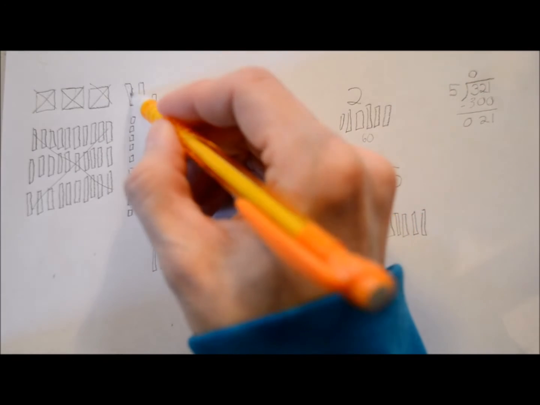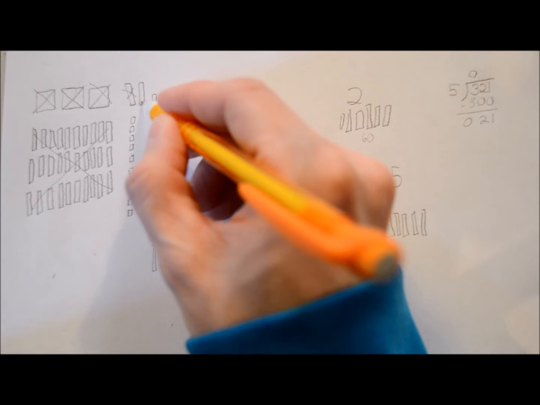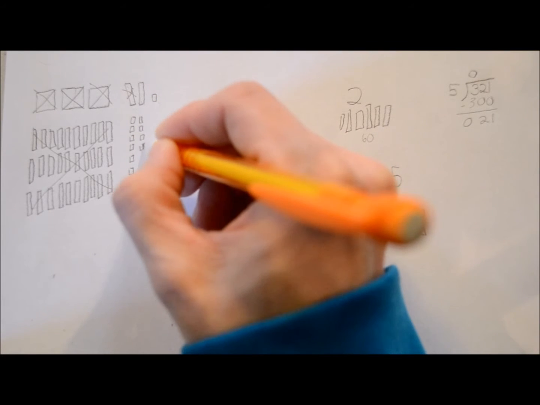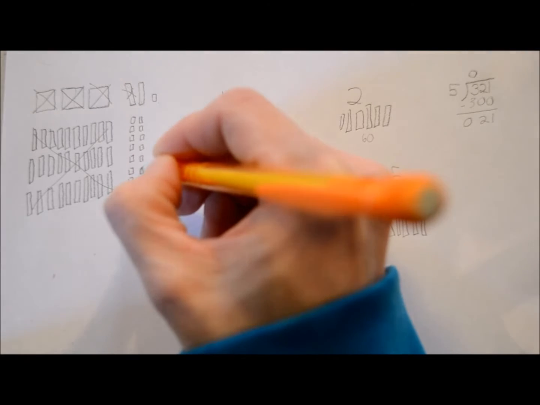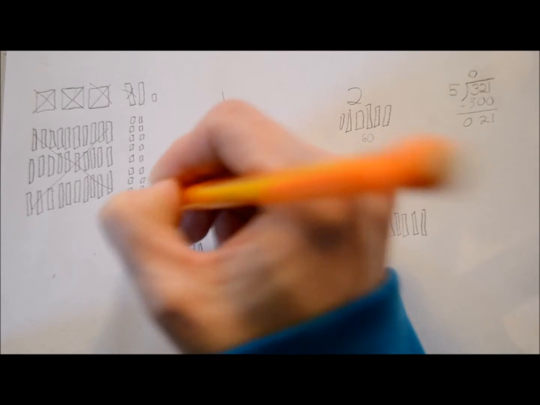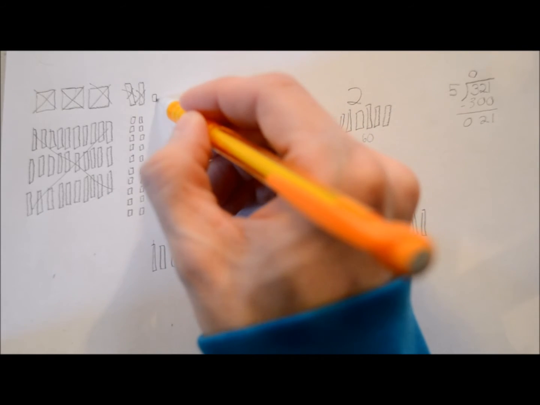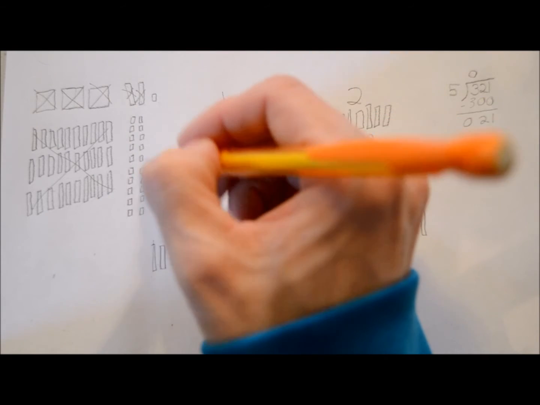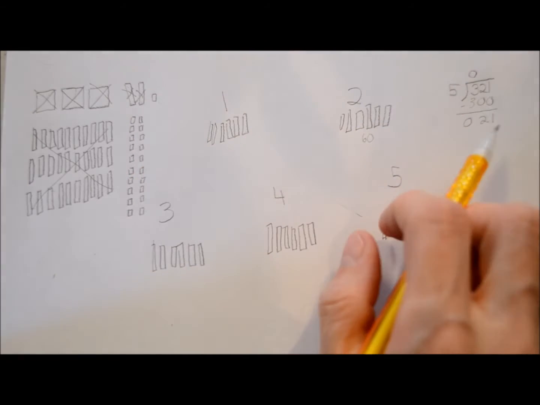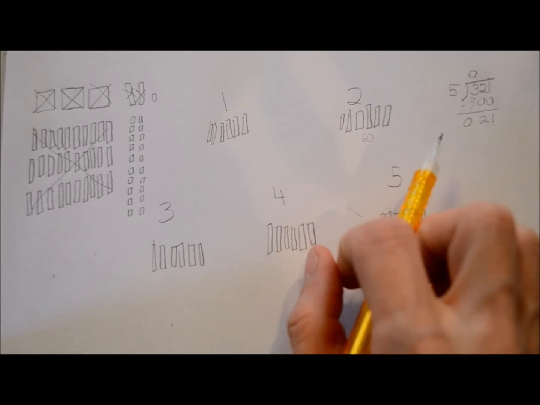There's one of them. And now for the next one. That's the other one, and we still have one more. So we have our 20, because 10 plus 10 is 20. So there's our 21 that we have left over.